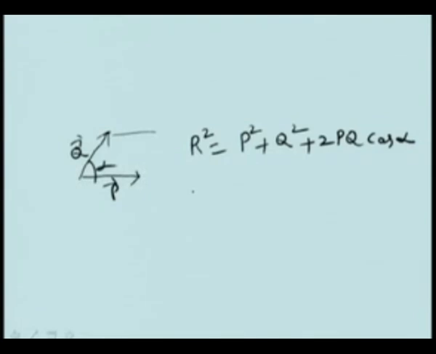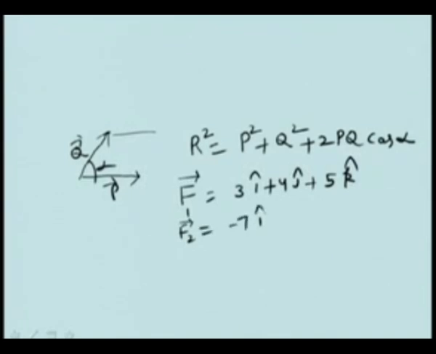However, if one can resolve the forces into component form and express the force as a vector quantity, let us say F1 is equal to 3i plus 4j plus 5k, and another force F2 is equal to minus 7i minus 2k, then these two forces can be joined and F1 plus F2 becomes minus 4i plus 4j plus 3k.